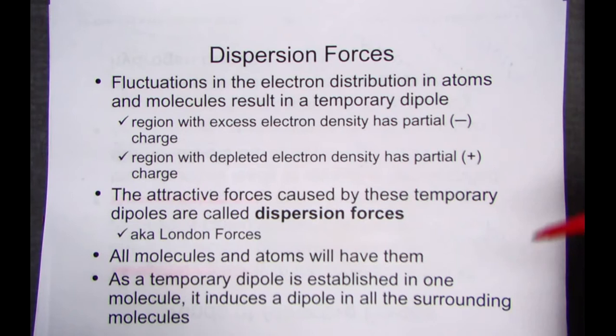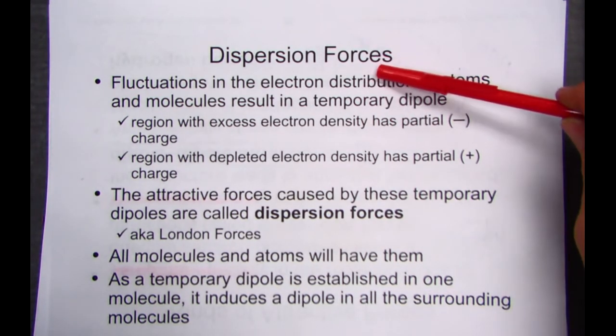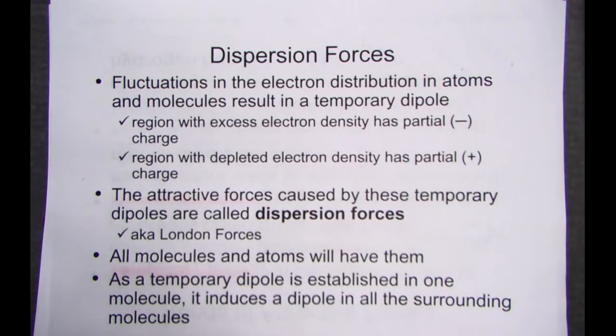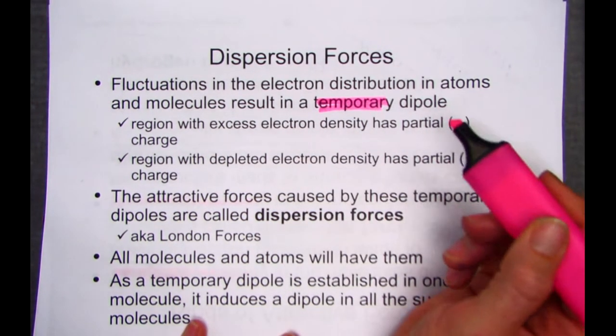Let's talk about the first category of intermolecular forces known as dispersion forces. Again, to repeat a definition, these are simply fluctuations in the electron distribution in atoms and molecules resulting in a very temporary dipole. The key here is that they're temporary.